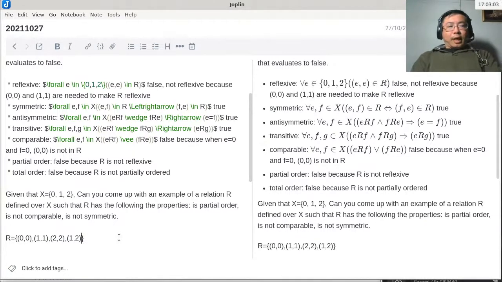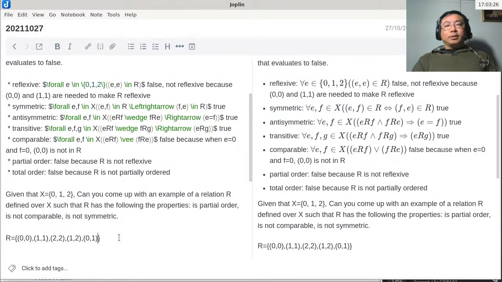Now, if I just add one more thing here, now we are in trouble, because now it is also not transitive. All right, so can you guys see how R is now also not transitive, which is not what we want? Okay, very good.